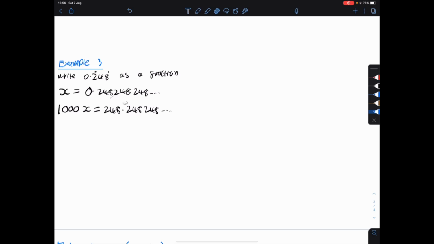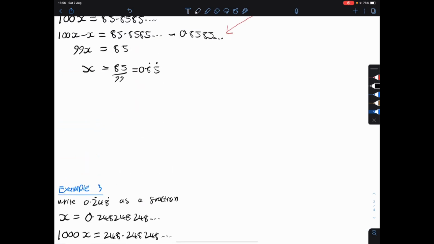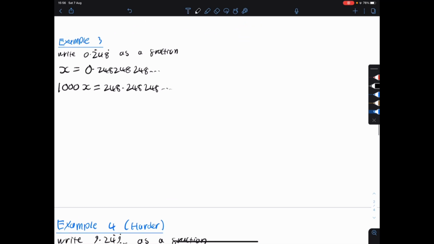So taking x from both sides, we get 1000x take x equals 248.248 reoccurring minus 0.248 reoccurring.